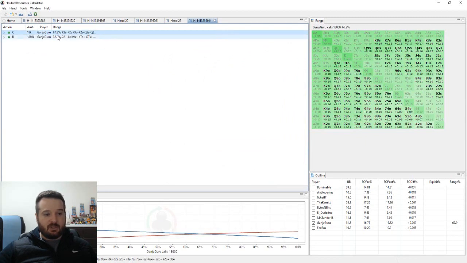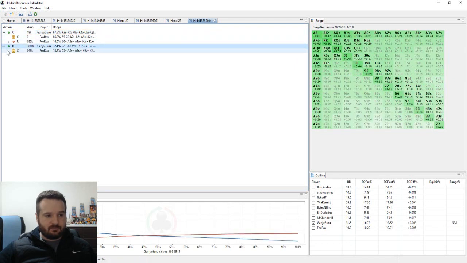And now look, now we're limping almost 70% of our range based on the fact that two things are happening. One, when we jam, he's calling a little bit too wide, but when we limp, he's playing pretty straightforward. And we have to consider that this is a situation where we're limping and this guy's only shoving. If he's making it 3x, it's going to be even better for us because now there's some weak hands in our range that have to fold to this shove, but can actually limp call the 3 big blind range.